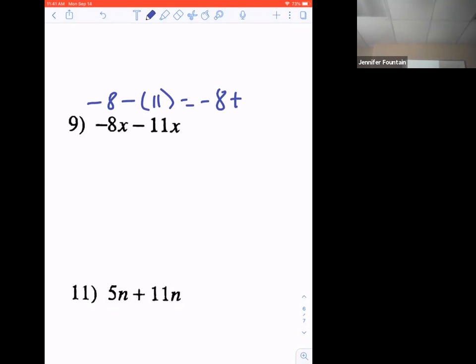I put the 11 in parentheses so you can see it, because I'm using my subtraction sign here, and now we can see that 11 is positive. So the opposite of positive 11 will be -11. So now I have -8 plus a -11. What is -8 plus a -11? -19.